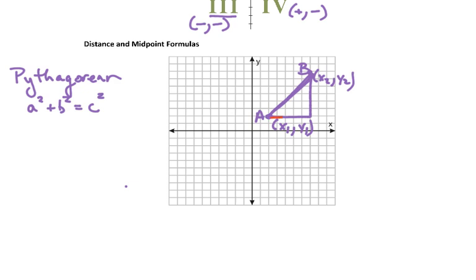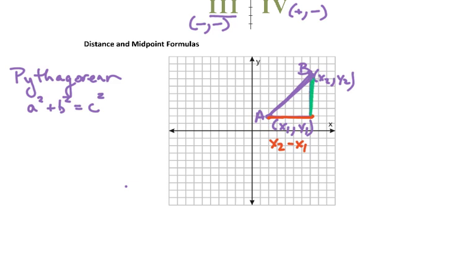So the bottom side right here, if we look at that leg, that's all across the x values going from x1 to over here at x2. So its length will be x2 minus x1. If we look at the other side, the vertical side, what's the distance here?